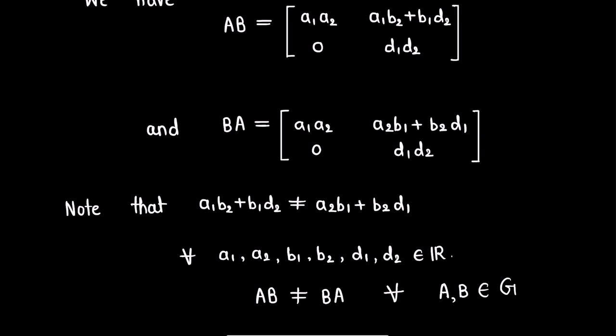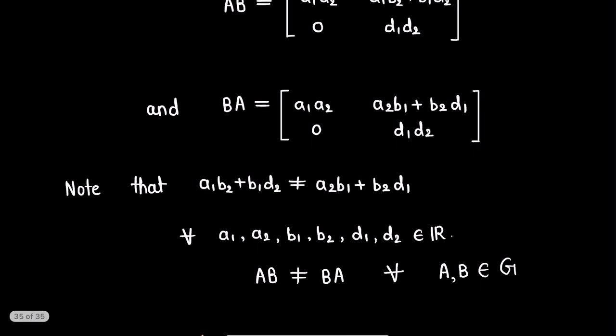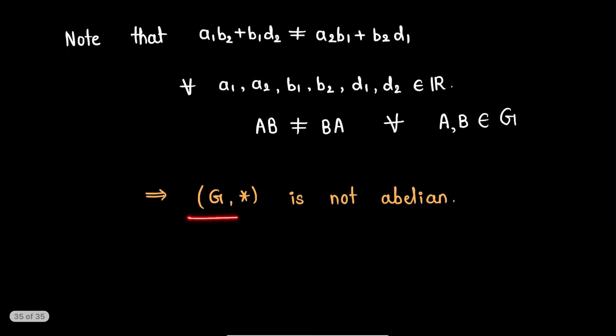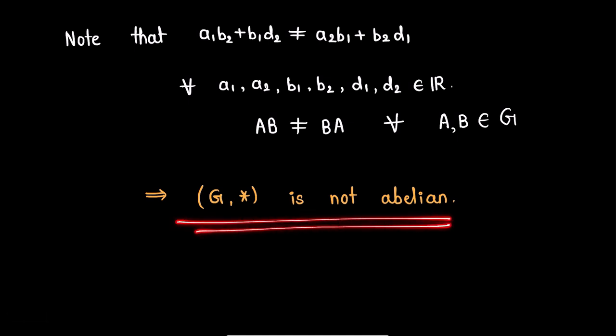Therefore, for any two matrices A, B in set G, it is not necessary that AB is the same as BA, that is, AB will not be equal to BA for all A, B in group G. Therefore, G will not be an abelian group, and this proves our result.